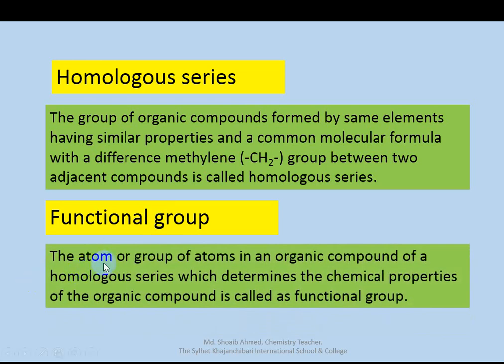Look at this definition: the atom or group of atoms in the organic compounds of a homologous series which determines the chemical properties of the organic compound is called the functional group.